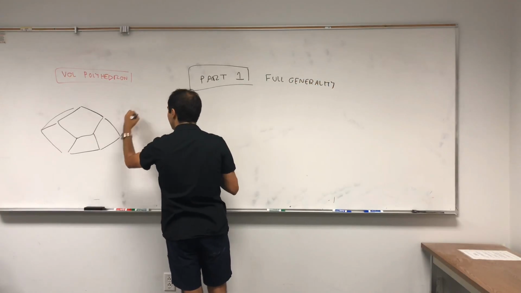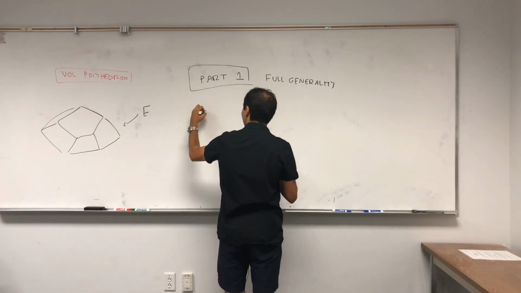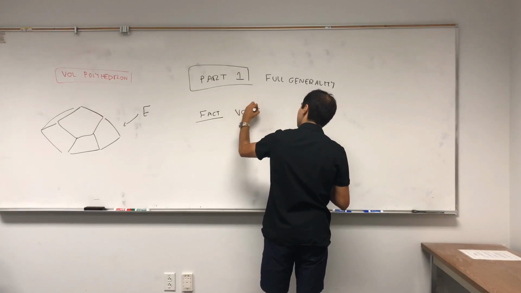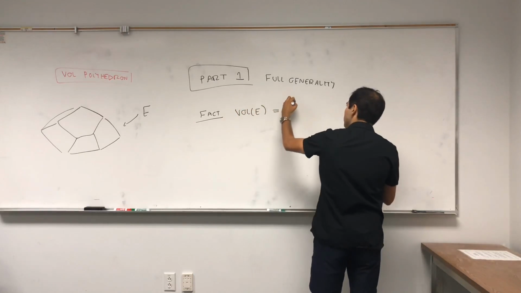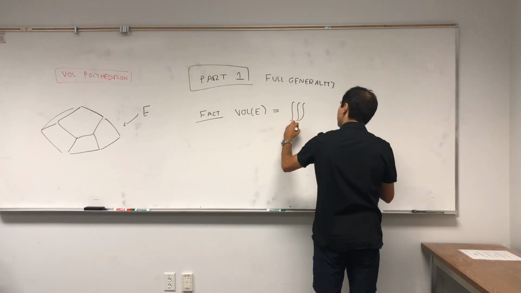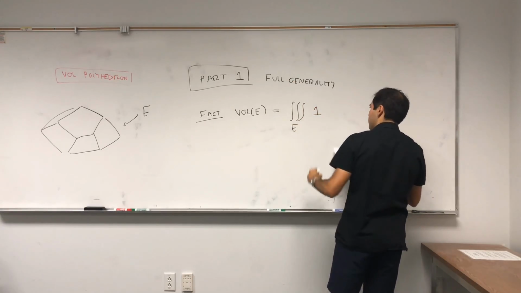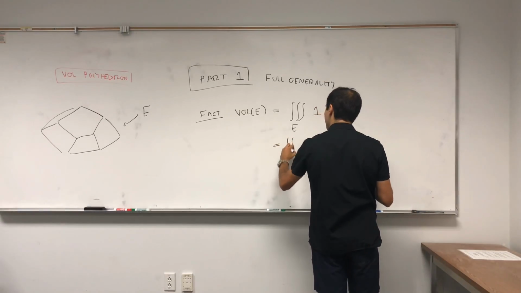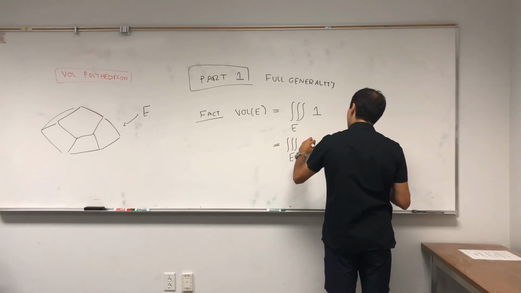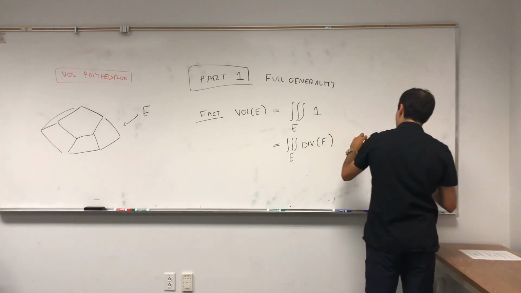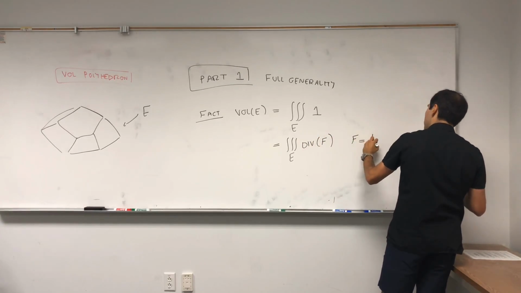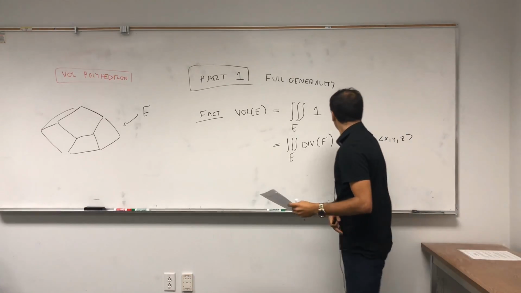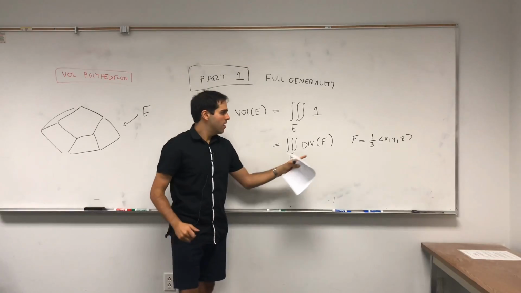Suppose you have this polyhedron, let's call it E. First of all, we know that the volume of any object is the triple integral of 1. But you can also think of 1 as the triple integral of the divergence of f, where f is 1/3 (x, y, z).